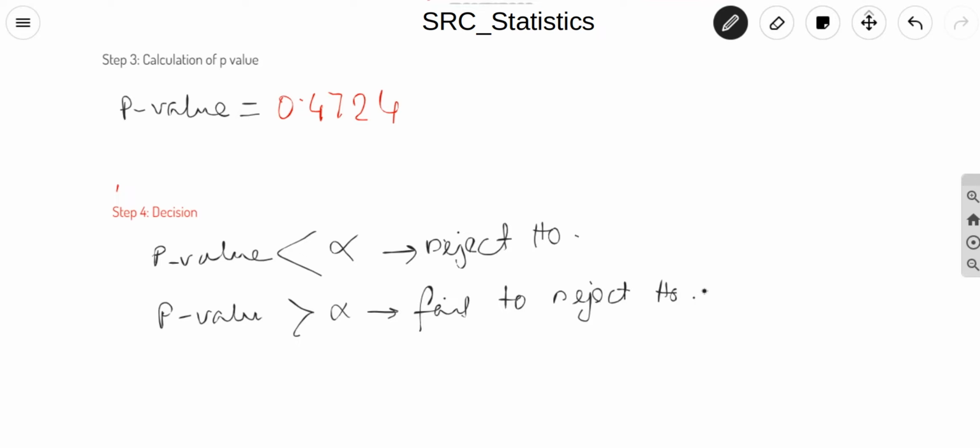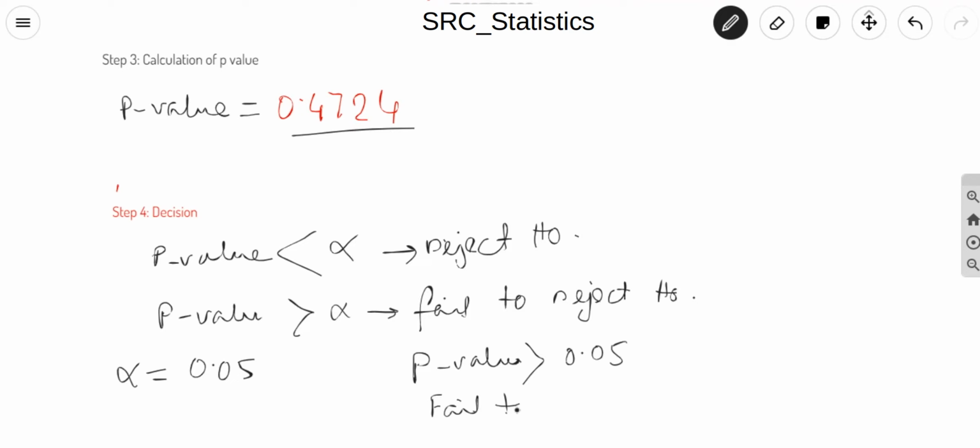But in the p-value method, we compare the p-value with the level of significance. Here our level of significance is 0.05 and the p-value is 0.4724. We can clearly see that the p-value is greater than 0.05. So our final decision will be fail to reject the null hypothesis.